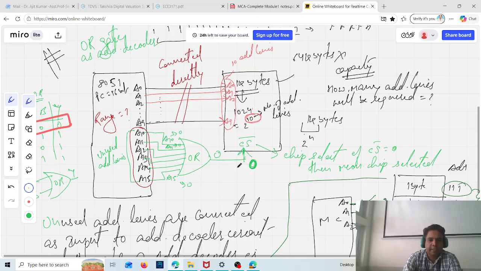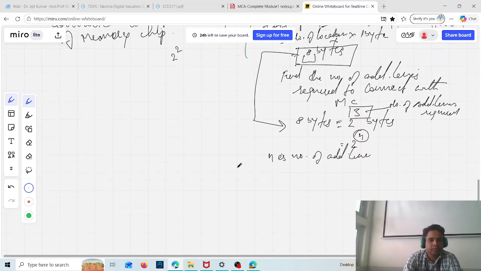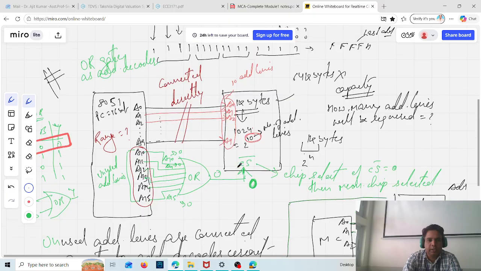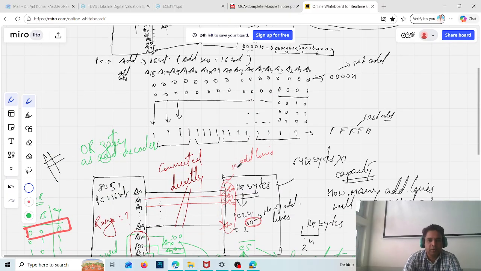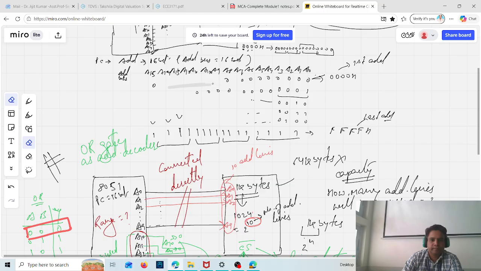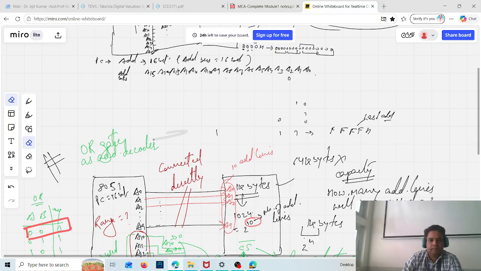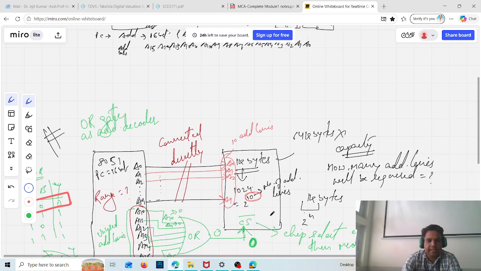For that purpose, I will write all the address lines here, A0 to A12, so I'll use this case. Now, when you are going to write the range of address, you have to see how many lines are directly connected.